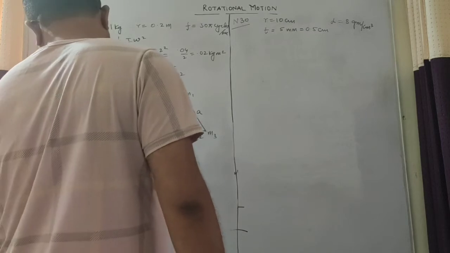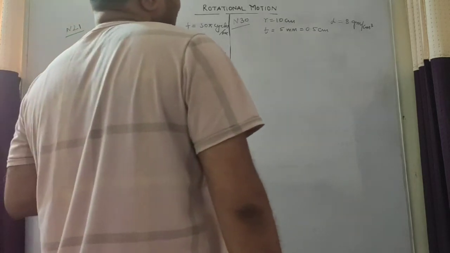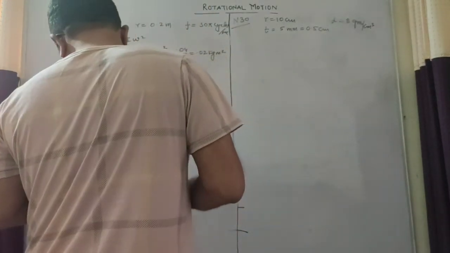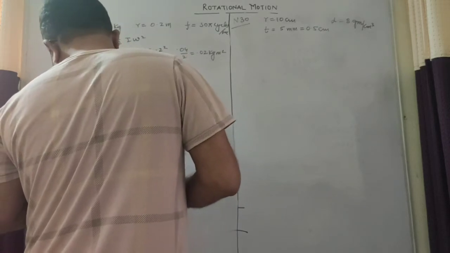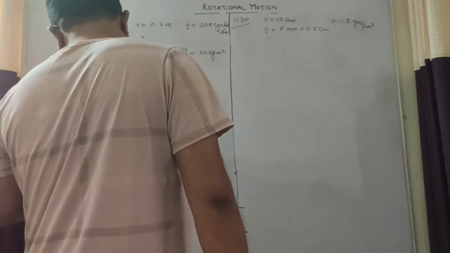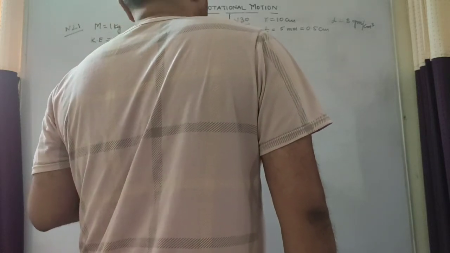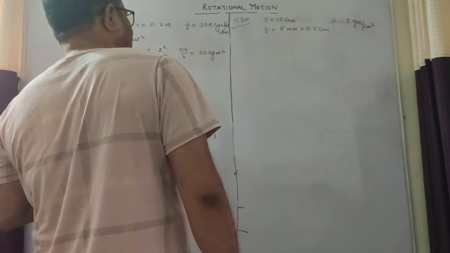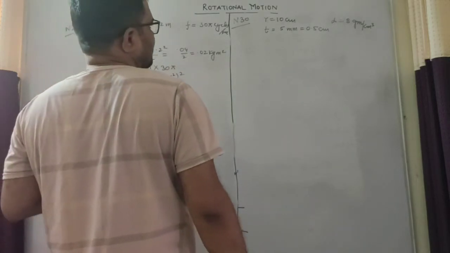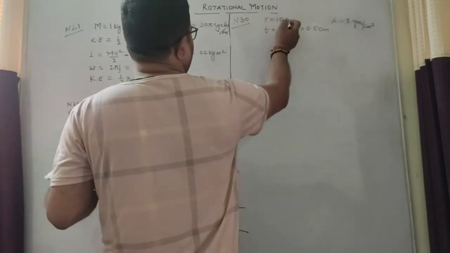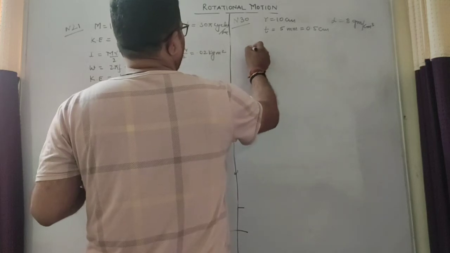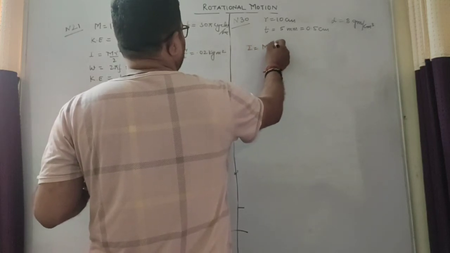So here radius is given, thickness is given, and density is given. You are supposed to find the moment of inertia. So for moment of inertia you need to have mass and this radius. Radius is given. So here moment of inertia of disc is mr square by 2.